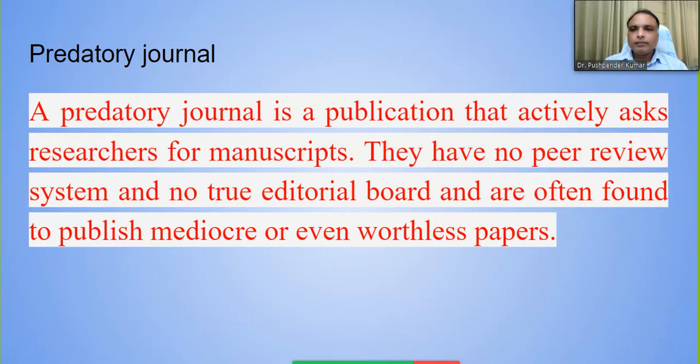And the beauty of this predatory journal is that they have no peer review system, no true editorial board, no editor, nothing like that, and are often found to publish not-so-good papers, what we call worthless papers, right?